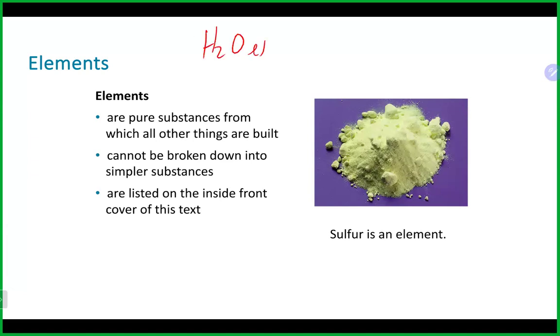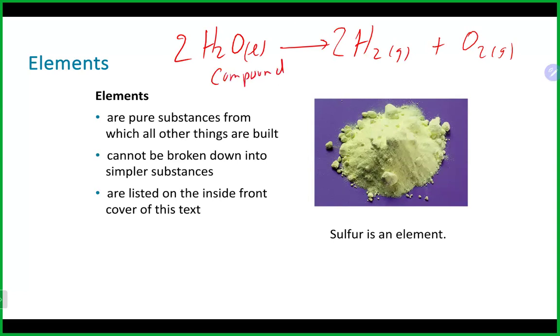You could run an electrical current through the water and do a little electrolysis, breaking it apart into hydrogen gas and oxygen gas. It's like a chemistry class. I'll do a little balancing there. But you basically can take something like a compound and through some type of chemical means, like a chemical reaction, you could break it back into its elements.